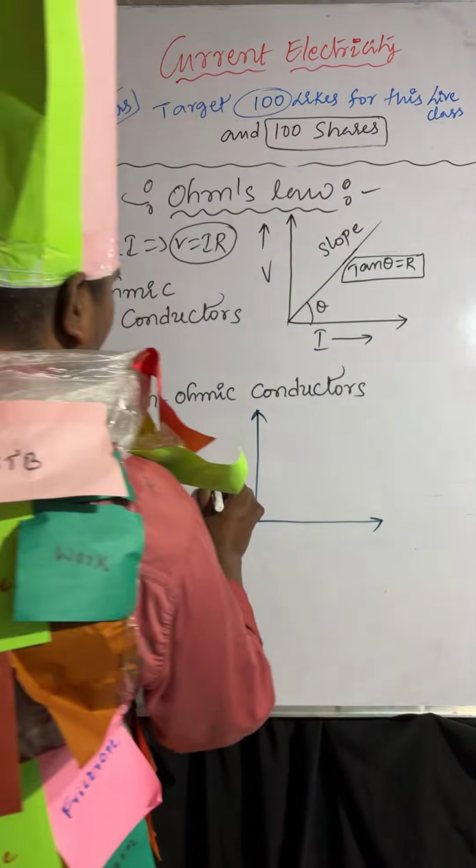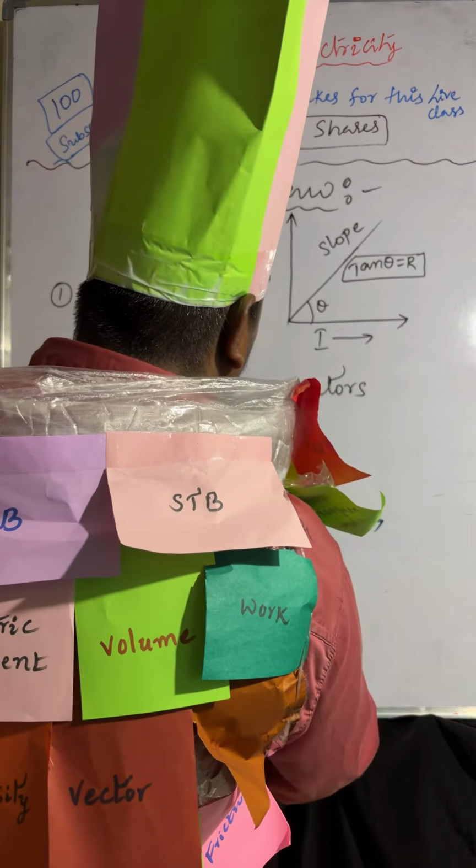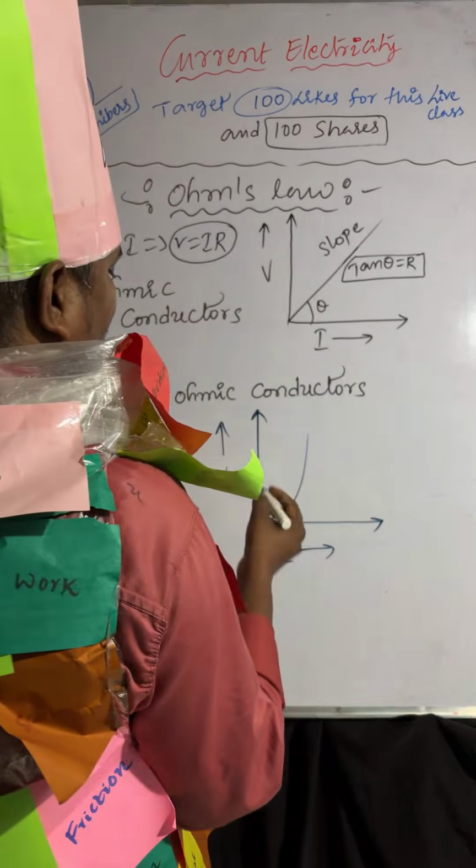Now you can see V on the y-axis, I on the x-axis. The graph is curved for non-ohmic conductors.